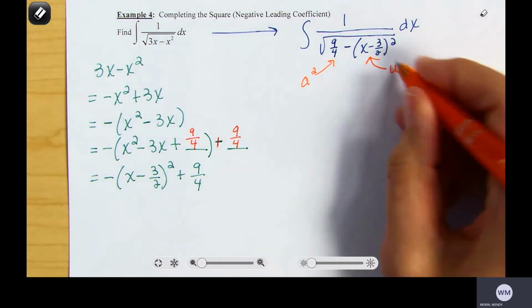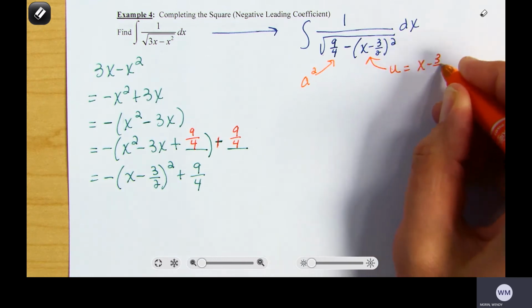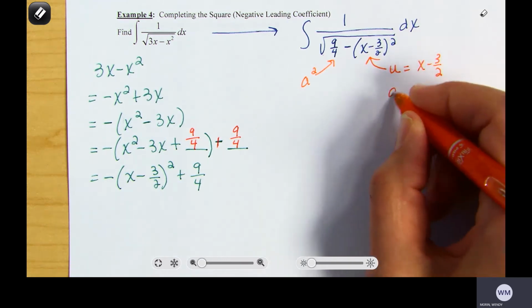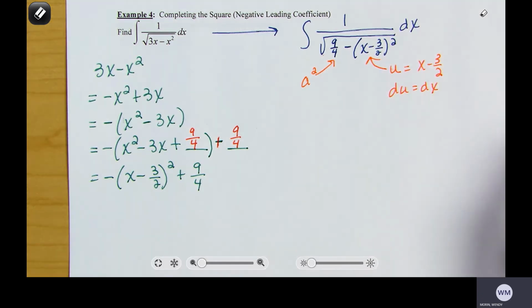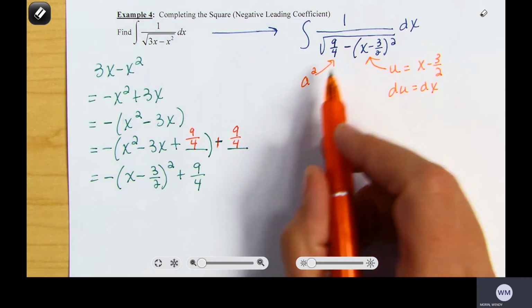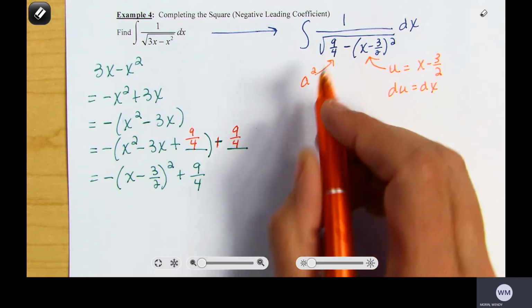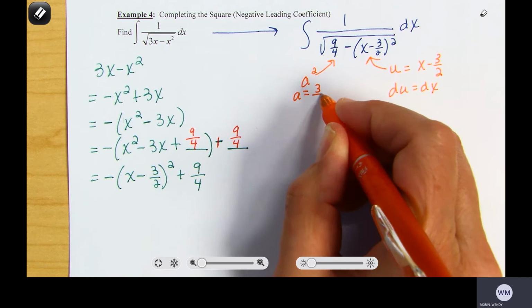So u is equal to all of this. U is equal to x minus 3/2. So du is equal to dx. Over here, this is our a squared. So our a is equal to the square root of that.